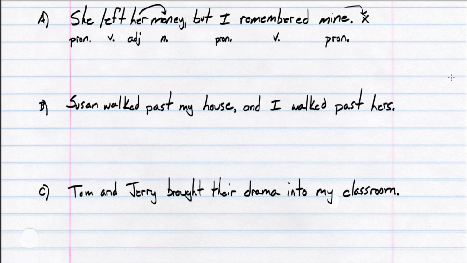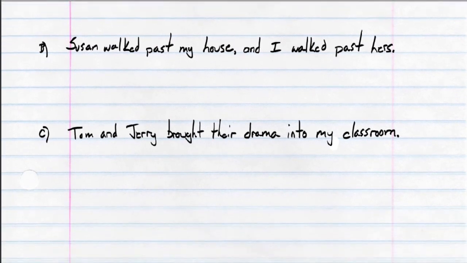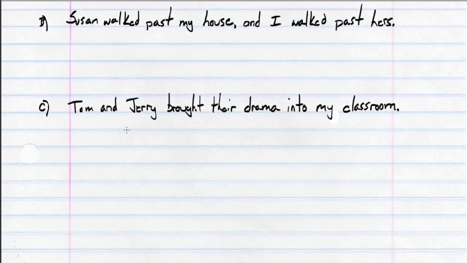Okay, so I'm back. I'm going to lead you through sentence B. Susan walked past my house and I walked past hers. Susan is a noun. It's a proper noun. Walked is a verb. Past my house. Noun goes underneath house, of course. Hers. Past, I walked. Oh, we got another verb here.